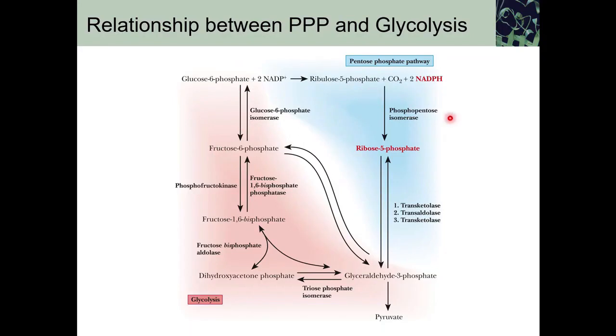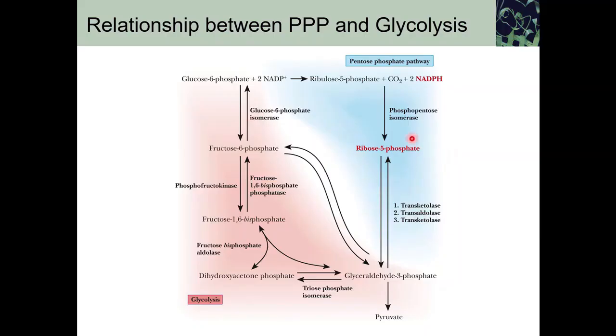Now, notice that if you do not need NADPH, you just need ribose 5-phosphate, you can actually accomplish that from the intermediates of glycolysis, like glyceraldehyde 3-phosphate and fructose 6-phosphate. Through transketolase and transaldolase reactions, you can produce ribose 5-phosphate, right?